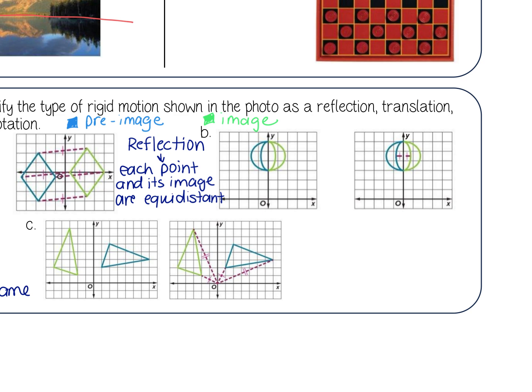All right, and then the last one, part C, this is a rotation, and this one's a little bit easier to tell because the triangle kind of turns this way. So this is a rotation, and the way you tell is that each vertex and its image are equidistant to the origin.